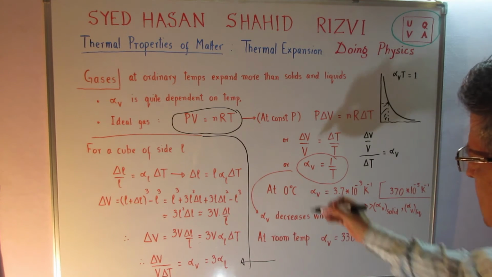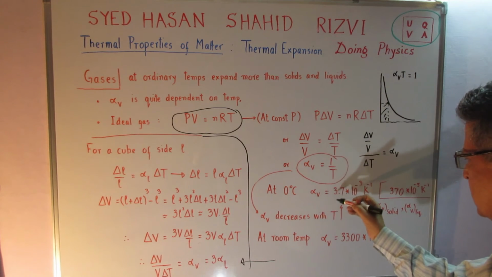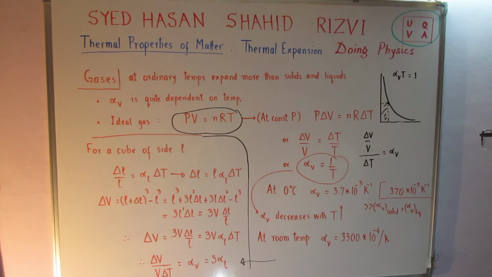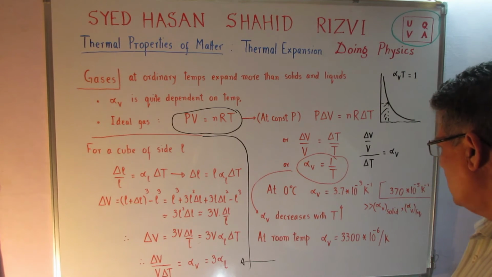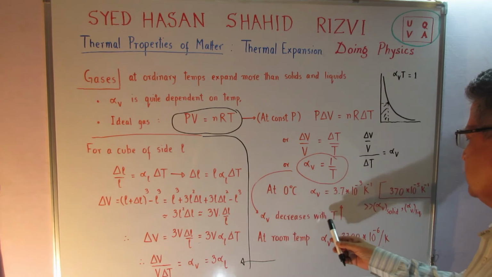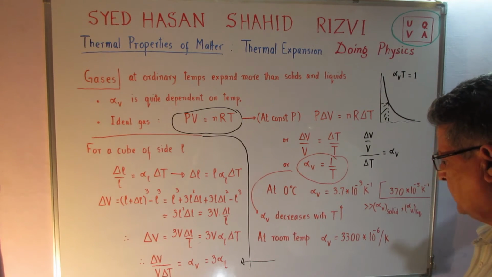At 0 degrees Celsius, the coefficient of volume expansion is equal to 3.7 into 10 to the power of minus 3 per Kelvin, which I can write as 370 into 10 to the power of minus 5 per Kelvin. Compared to all those values enumerated in the table, this value is much larger. So alpha V decreases with increasing value of capital T, the absolute temperature.